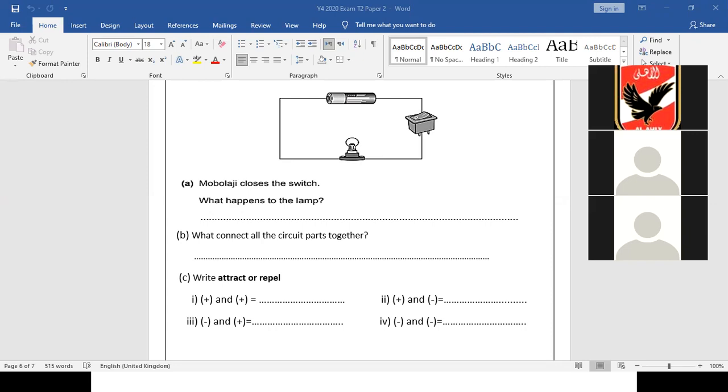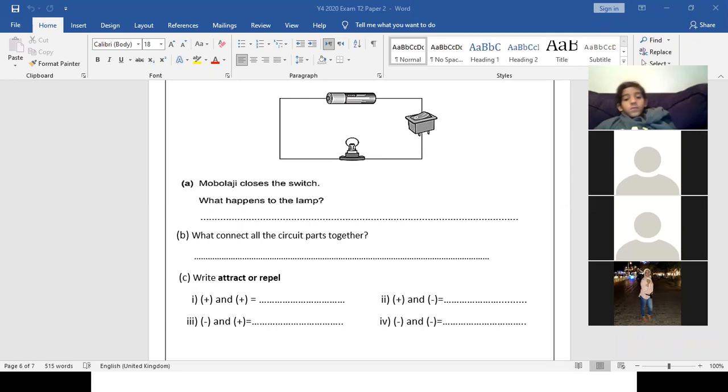Question C, attract or repel? Salim, can you answer this question, please? Tell me which one will attract and which one will repel.